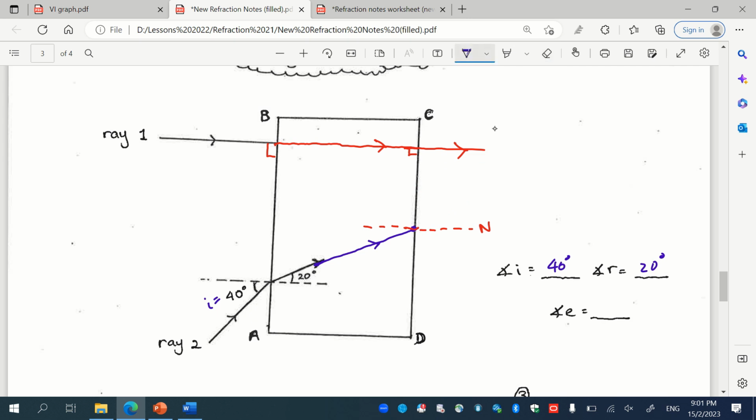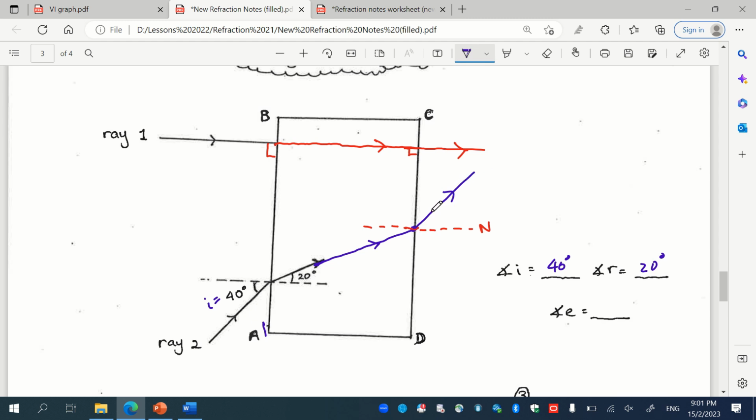But be careful when you bend this one. Surface AB is perpendicular to each other. No, is parallel to each other. AB is parallel to CD surface. Therefore, this ray that you bend out, we call this the emergent ray.